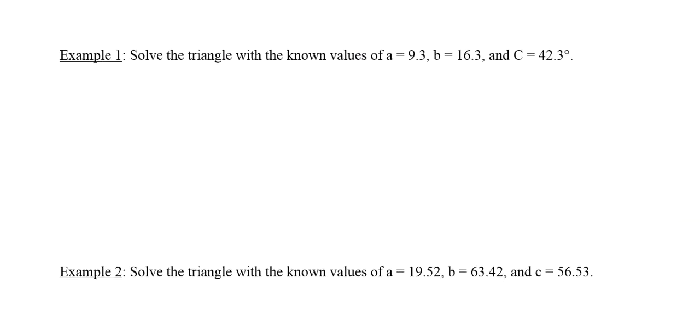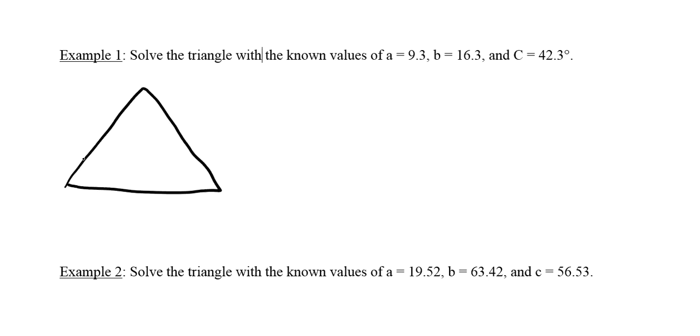So the first one says solve a triangle with the known values of A equals 9.3, B equals 16.3, and C is 42.3. The only information that you have to know besides that is it is definitely a non-right triangle. So I'm going to go ahead and draw a triangle to start with.